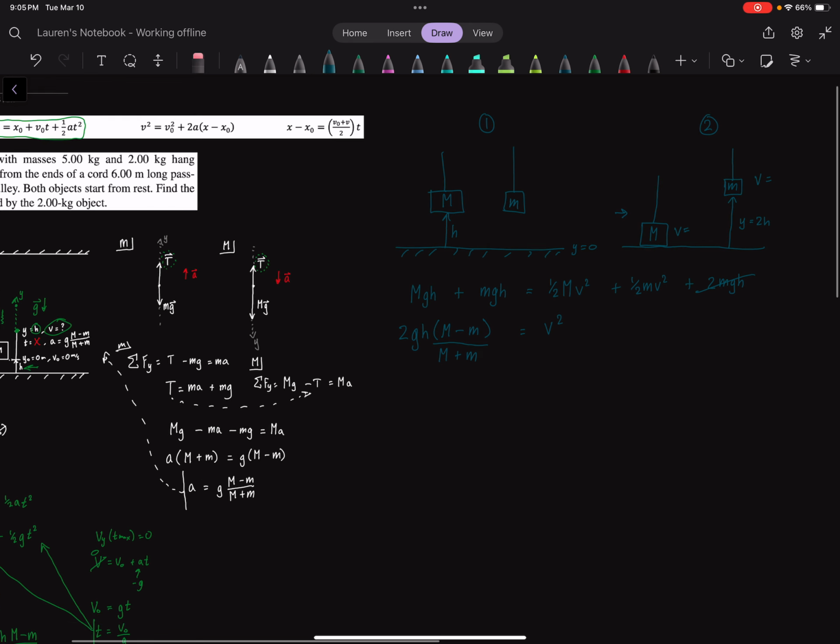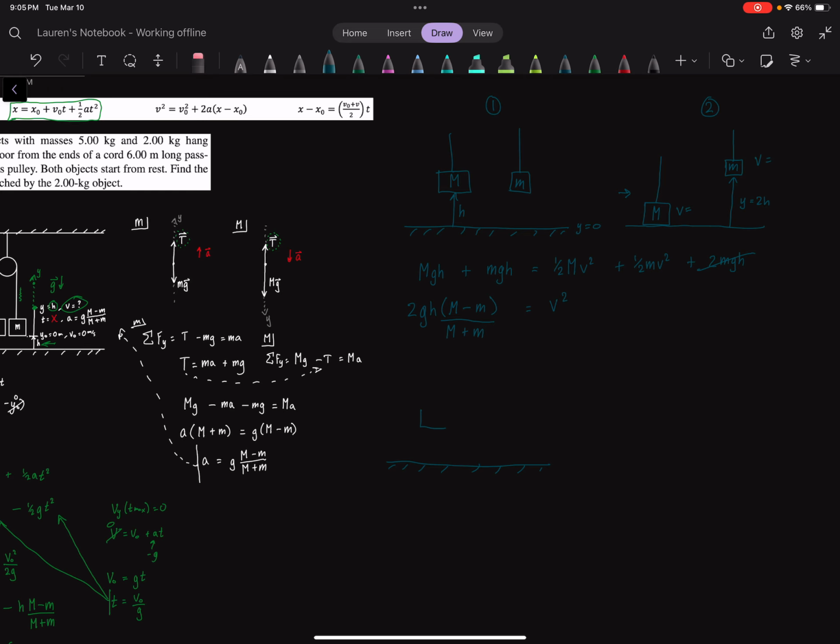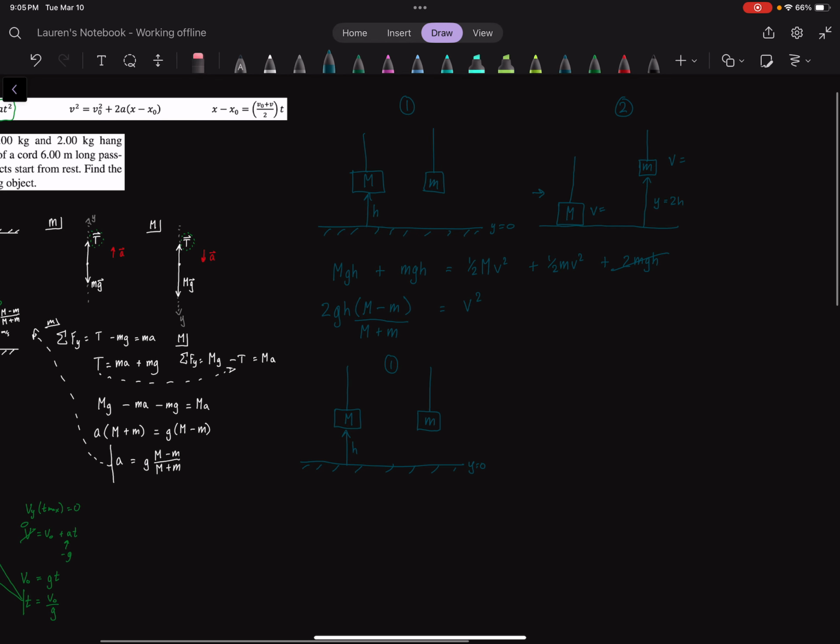So now let's take our moment 1 and moment 2 but with energy. So moment 1 we'll say is just the same as above, where they're starting off hanging, and it's distance h off the ground, this being y equals 0. So that'll be our moment 1. And moment 2, let's just take the maximum height.